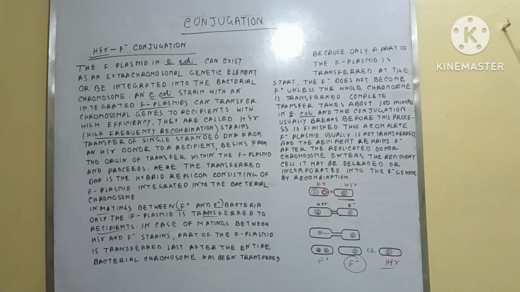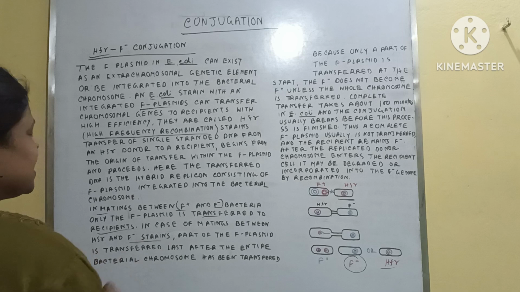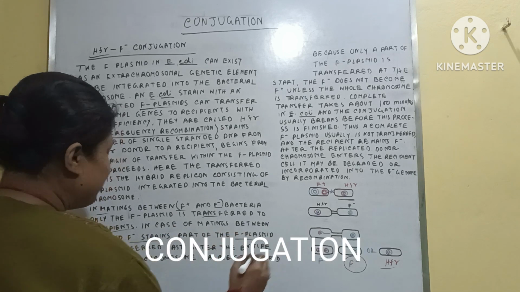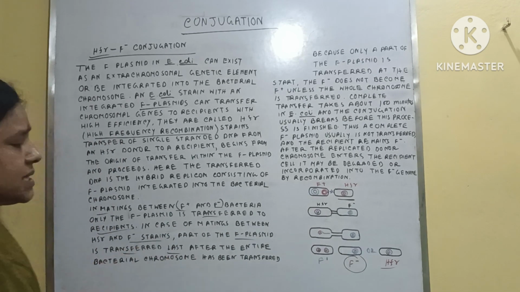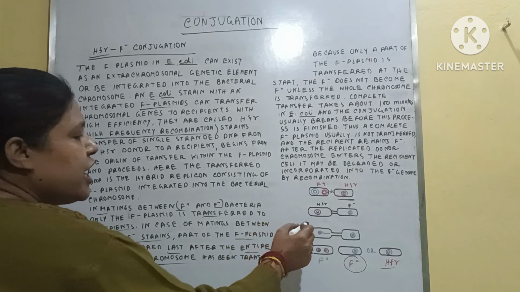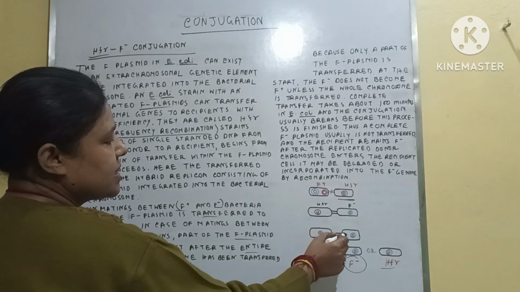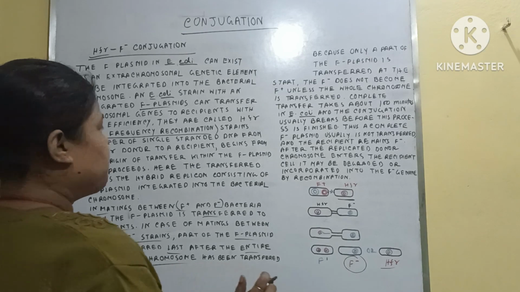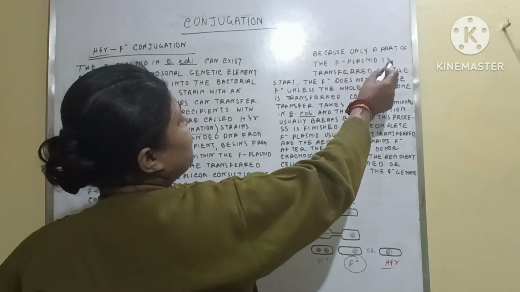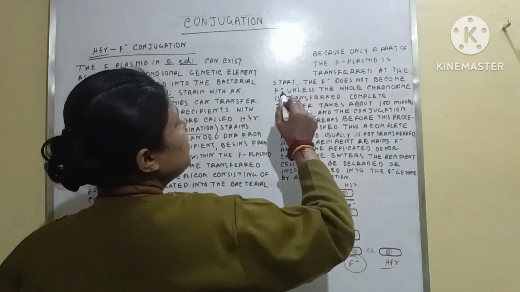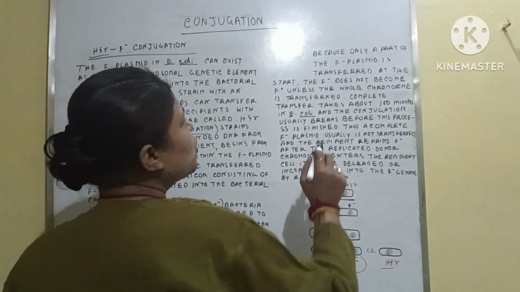But in matings between F minus and HFR strains, part of the F plasmid is transferred last, after the entire bacterial chromosome has been transferred. If the bacterial chromosome is completely transferred, then the plasmid is transferred after it. Because only a part of the F plasmid is transferred at the start, the F minus does not become F plus unless the whole chromosome is transferred.